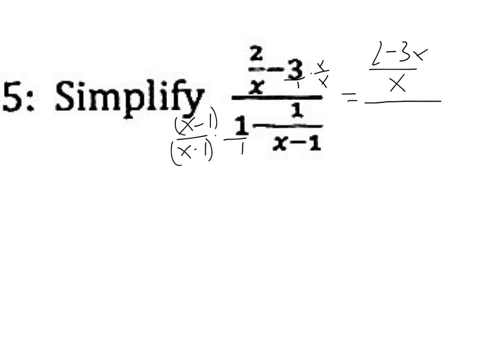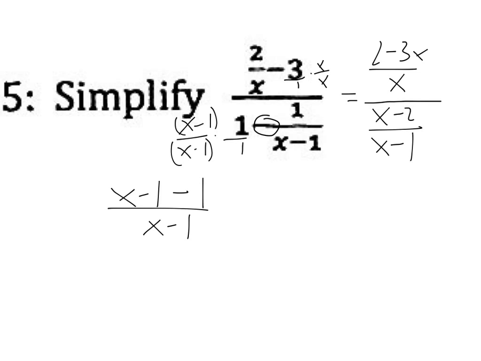And I'm going to do this work off to the side, so I'm going to multiply those numerators together, and I get x minus 1, and then minus 1 over x minus 1, and that becomes x minus 2. So I'm going to write this over here, x minus 2 over x minus 1.